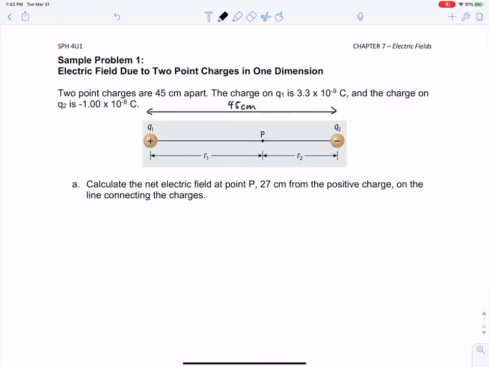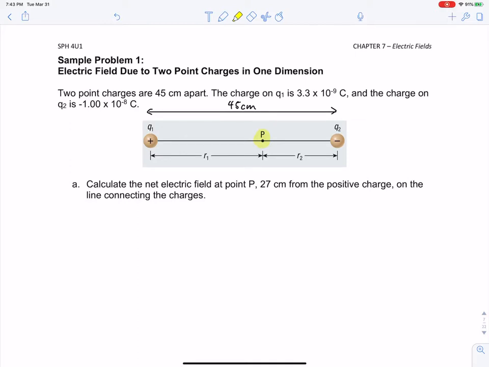The charge on Q1 is 3.3 times 10 to the power of negative 9 coulombs, and the charge on Q2 is negative 1 times 10 to the power of negative 8 coulombs. Calculate the net electric field at point P, which is this point right here, 27 centimeters from the positive charge on the line connecting the two charges.